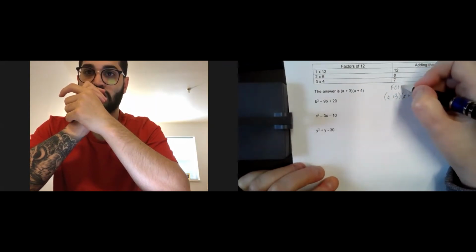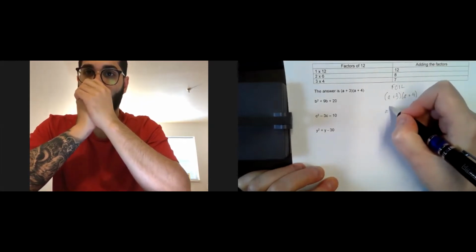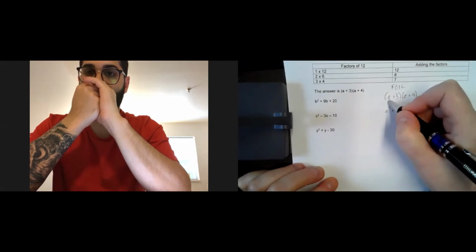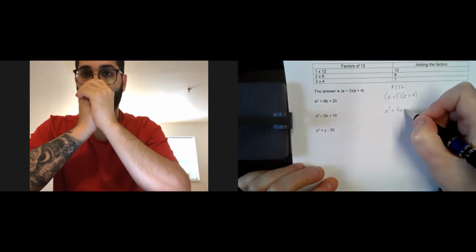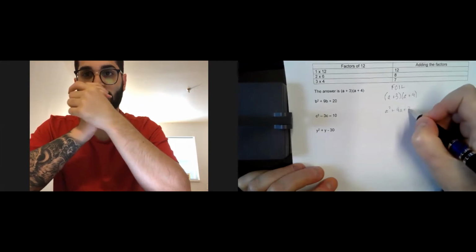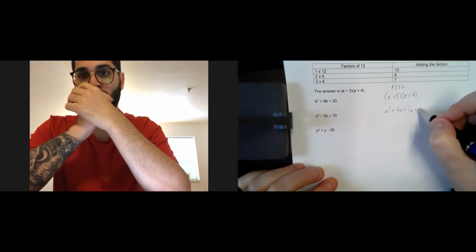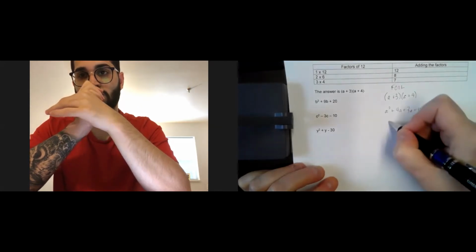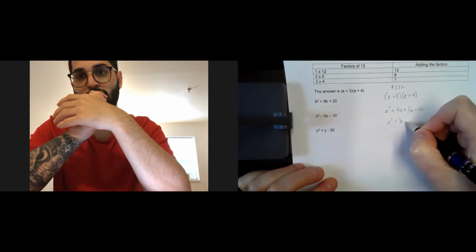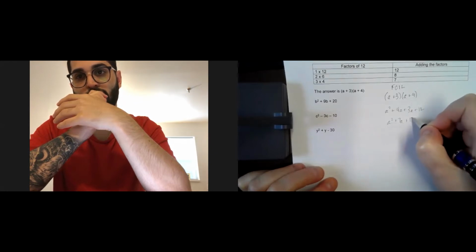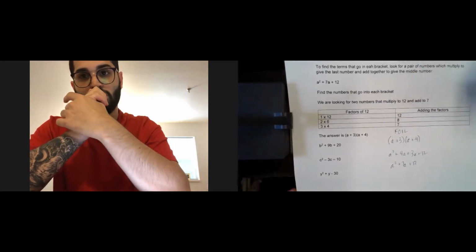First, outside, inside, last. A times a is a squared, plus outside is 4a, plus inside is 3a, plus last is 3 times 4 is 12, a squared plus 7a plus 12. Look at that. We know it's correct because it matches.